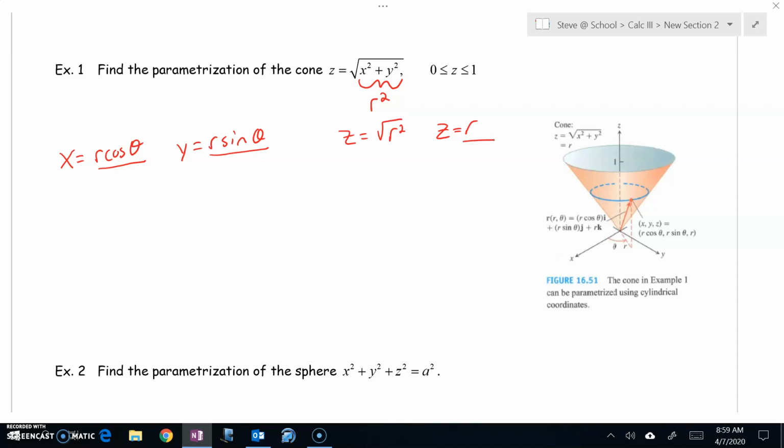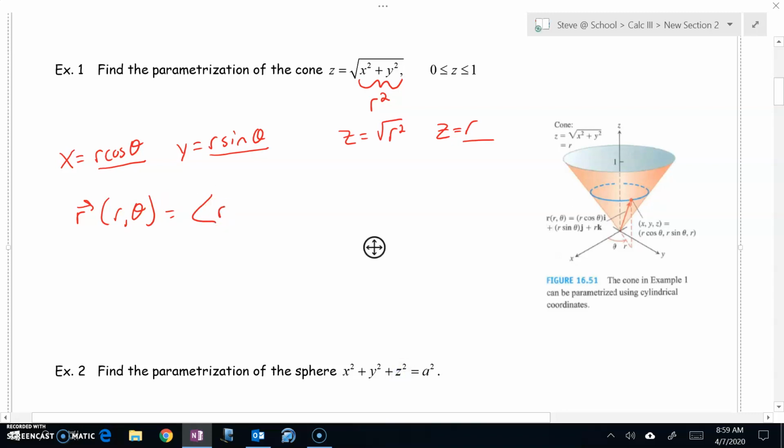So therefore, we can write that the parametrization of this surface R in terms of r and theta is equal to x is r cosine theta, r sine theta for y, and then finally we found out that using those conversions z equals r. So this would be the parametric form.